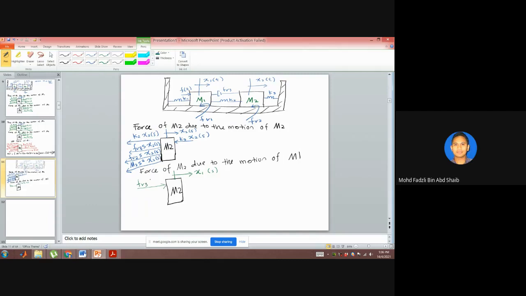FV3 times s times X1 s. Another one is K2 X1 s. Right? So we need to combine these two forces, okay?